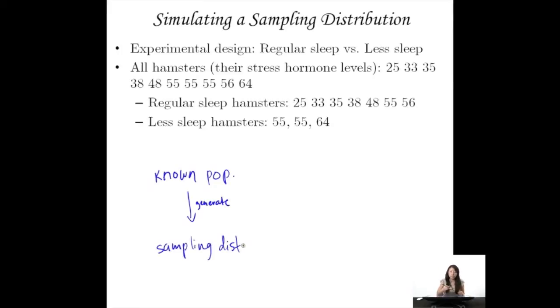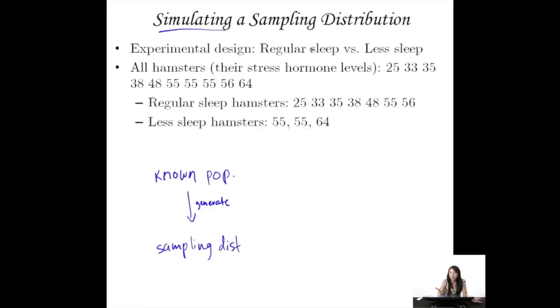Well, one way you could do it is you could use what's called simulation. You could use computer programs, typically, to literally take samples, random samples, over and over and over again, and create a sampling distribution.